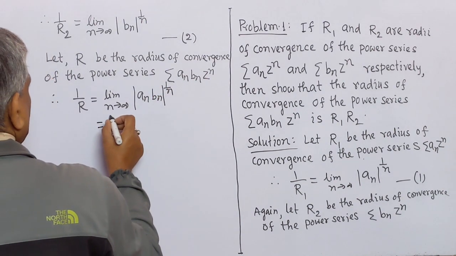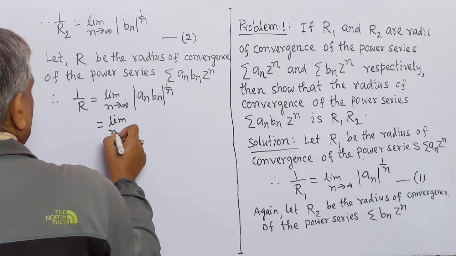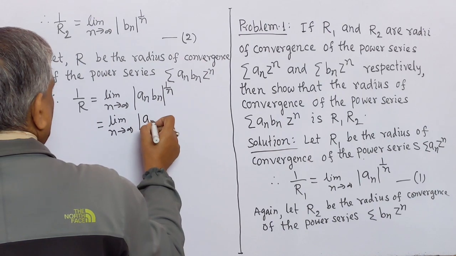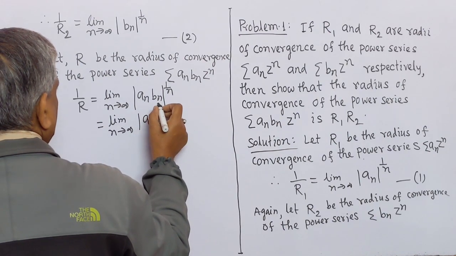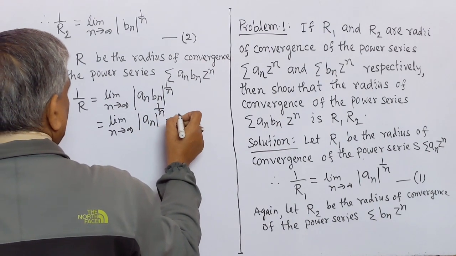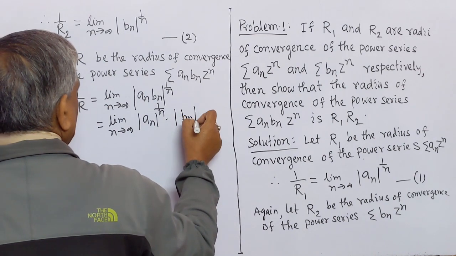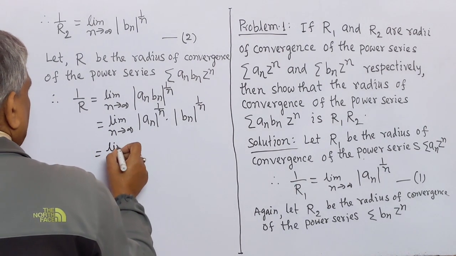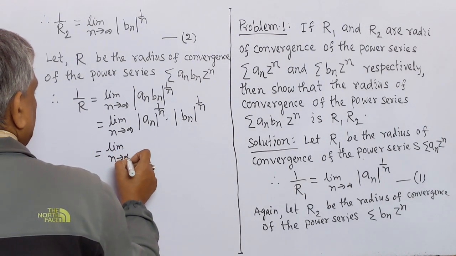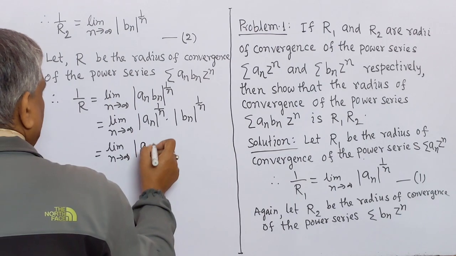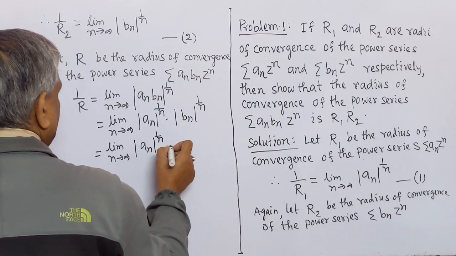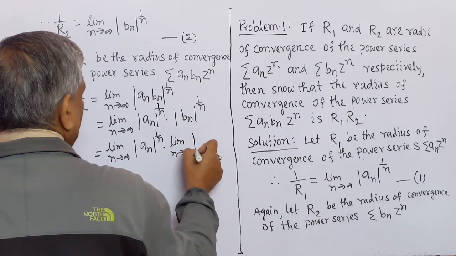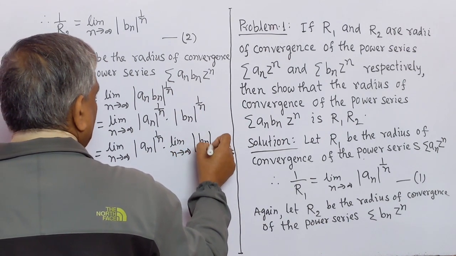This is equal to limit n tends to infinity modulus of an to the power 1 by n multiply modulus of bn to the power 1 by n equal to limit n tends to infinity modulus of an to the power 1 by n multiply limit n tends to infinity modulus of bn to the power 1 by n.